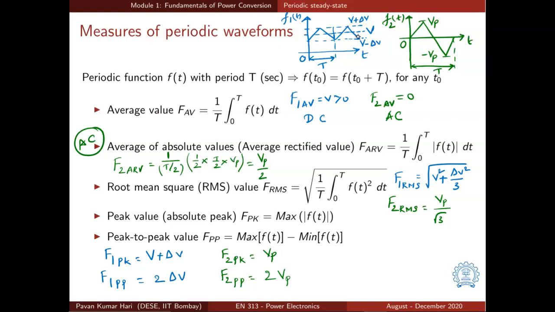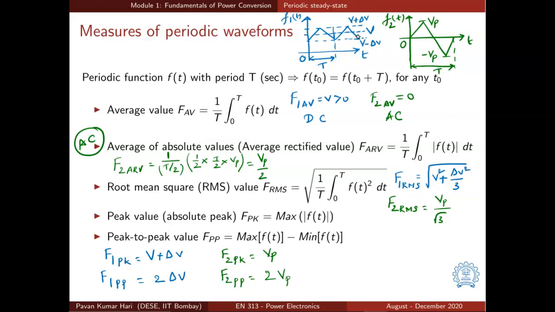As seen, f1 of t has a maximum value V plus delta V and a minimum value V minus delta V. It has an average value V, capital V. So it's a triangular waveform with a finite average value. And f2 of t is again a triangular waveform but with a zero average value, with its positive peak being Vp and negative peak being minus Vp.